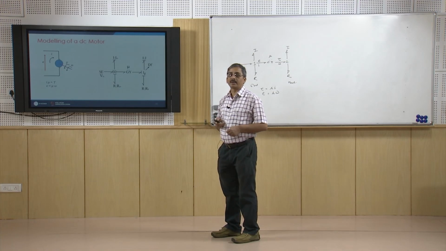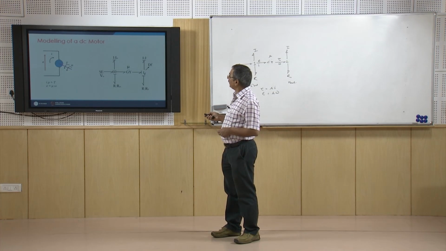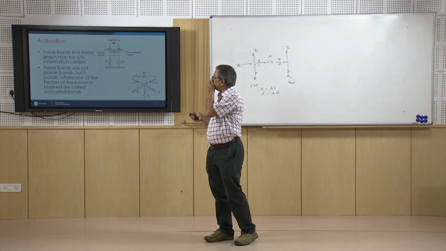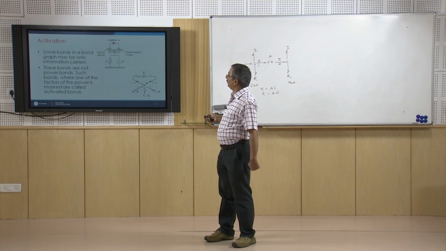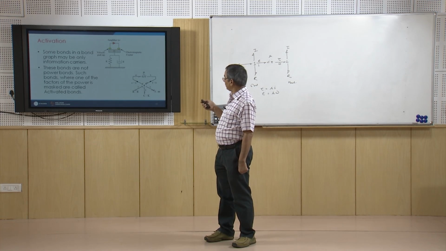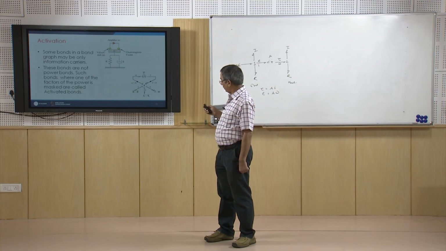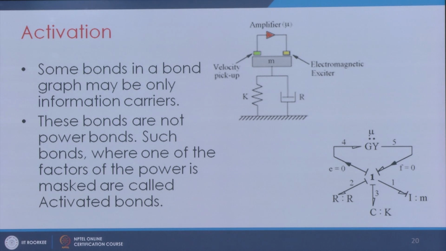and we can write the system equation. Another example here: sensor and actuation both can be modeled here, and this is explained with the help of the concept we call activation. By activation what we do is that we make a power bond a signal bond.